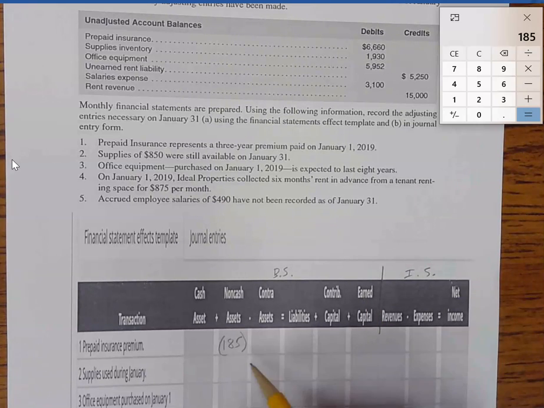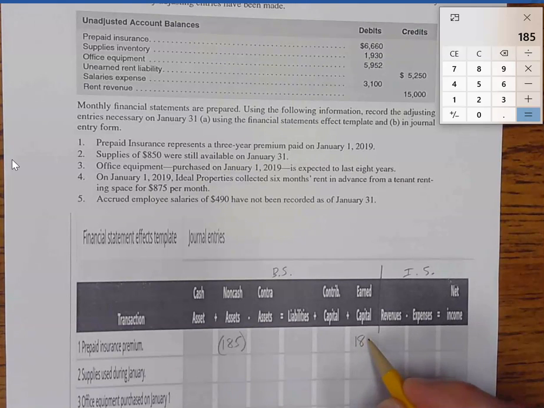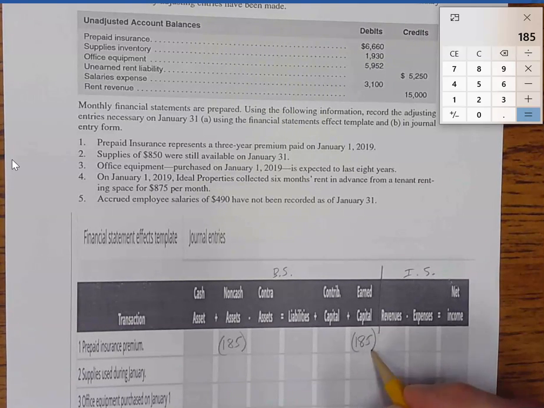So earned capital, well, we reduced an asset by 185, and we didn't increase another asset or reduce a liability. So we have lost $185 in equity.